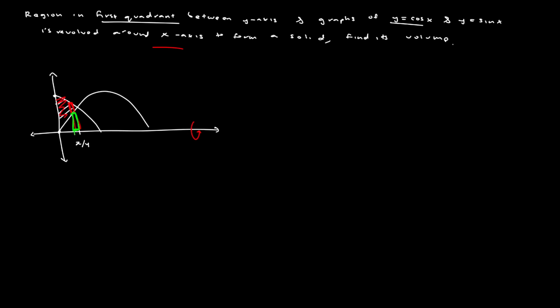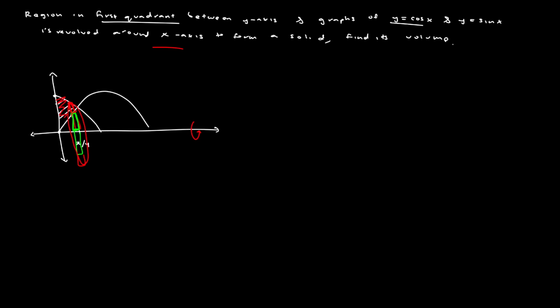But when we do the revolution, if we were to take the cross section accounting for both, we'd get circles that consist of both these regions. If we take this cross section, we can get two disks.